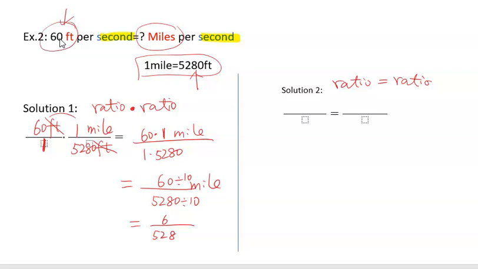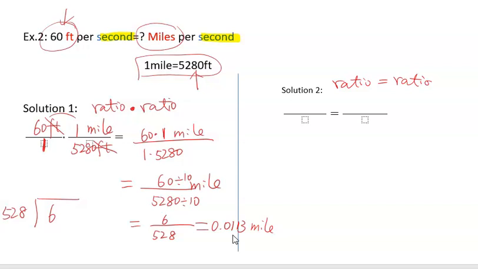And then it's equivalent to 6 divided by 528. So I'm going to skip the long division process and go ahead and give you the answer. What you have to do, follow what we learned before, and set up a long division. And the answer is about 0.0113 miles. Okay, so this is the first method.